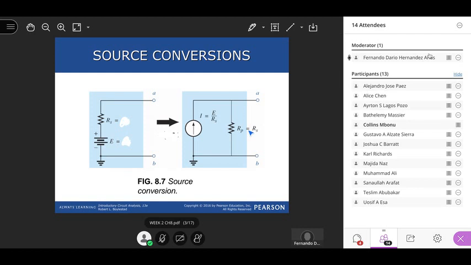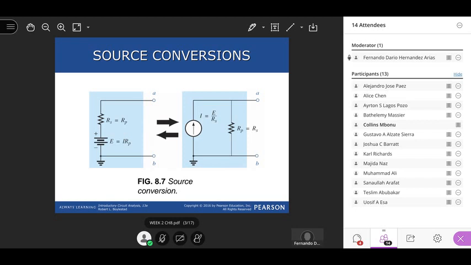And then RS is just the same as RP and is put in parallel with the current source, right? So this is how we convert a practical voltage source into a current source.